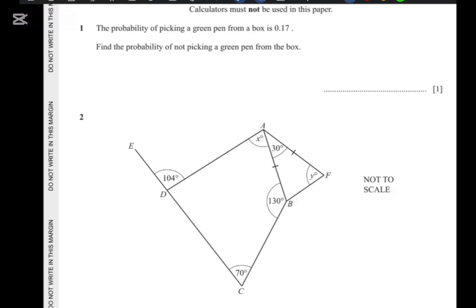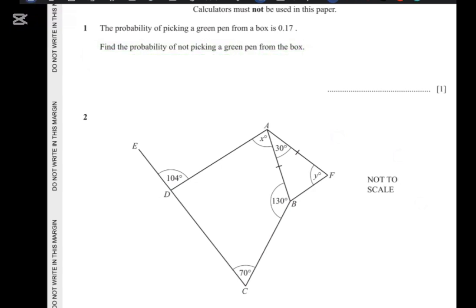Question number 1. The probability of picking a green pen from a box is 0.17. Find the probability of not picking a green pen from the box. So to find the probability of not picking, we have to do 1 minus 0.17.